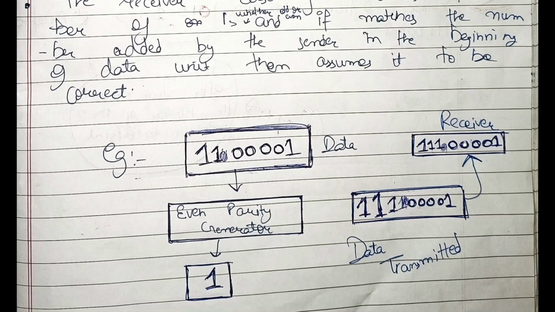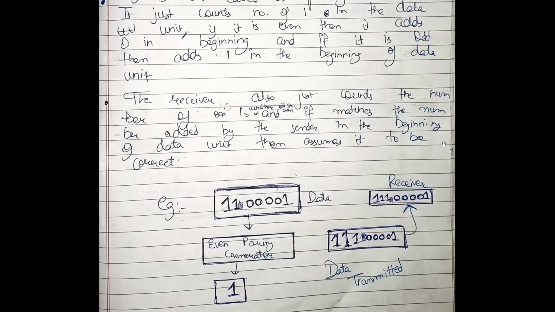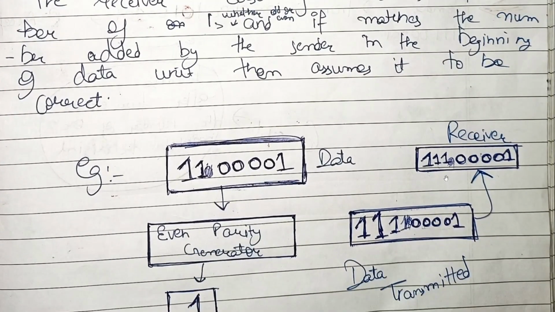So it is going to count the number of ones itself and generate its own parity bit, and if that bit matches the bit sent by the sender, then it concludes that this data is right without any error.